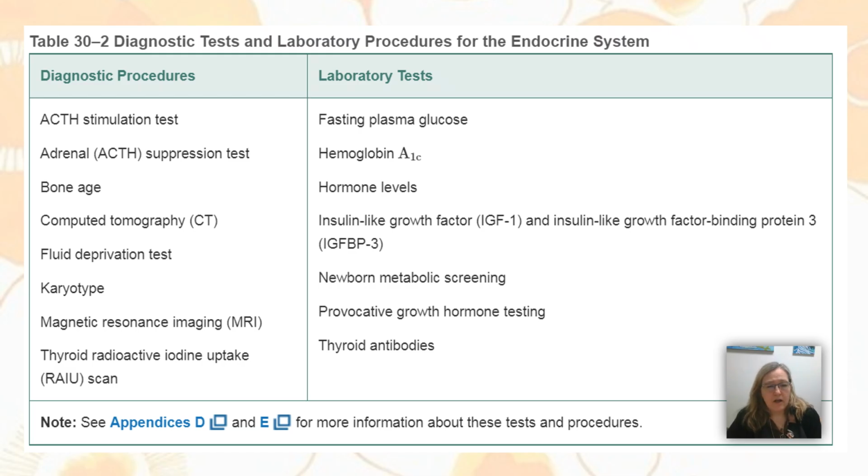But some other important labs that you would need to know, so bone age is very important for children. It's basically accomplished with a series of x-rays, and what we're looking at is to determine the amount of epiphyseal plate growth that the child still has remaining, and that gives us a good idea of the age.